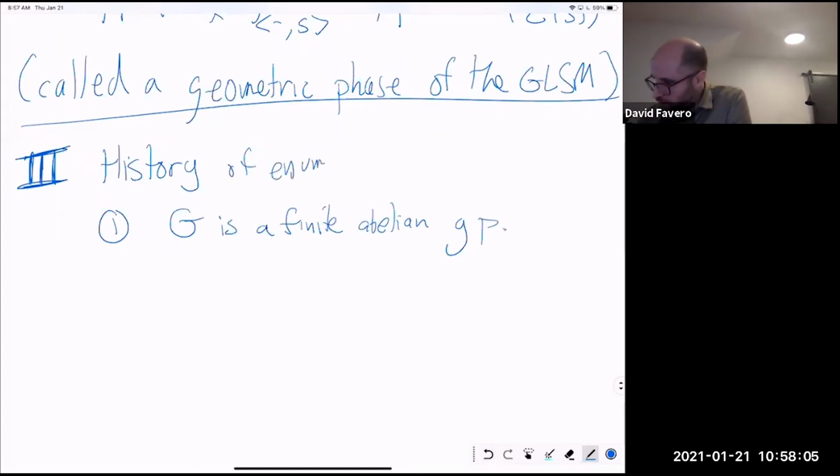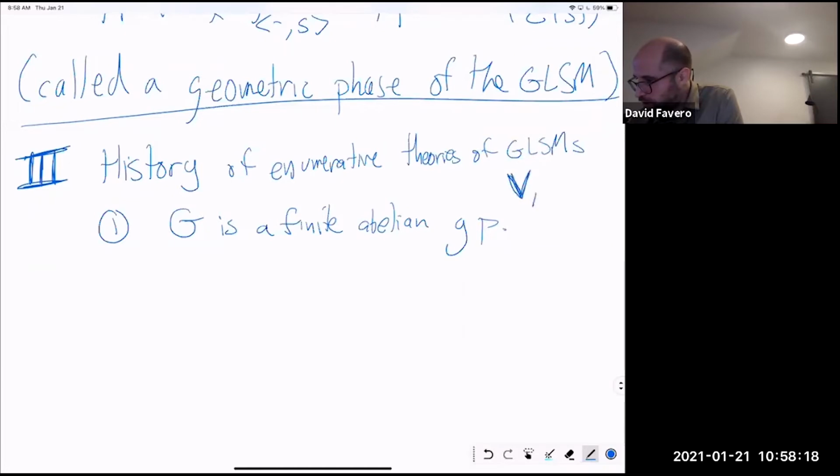So remember that was V, G, theta, W. Okay, so G is a finite group, which means theta is trivial.